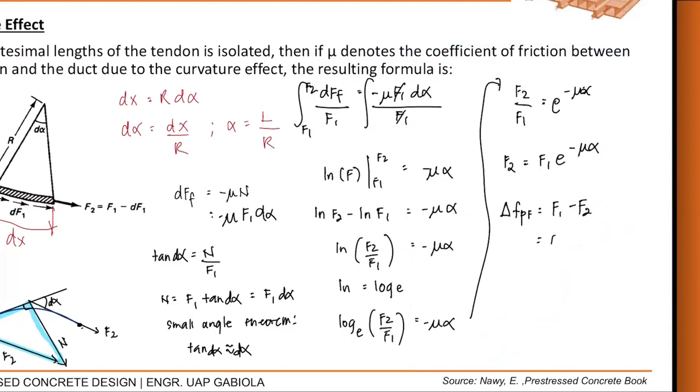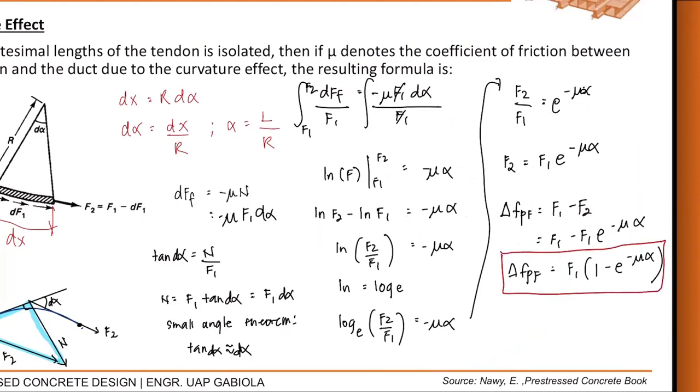So, this will be equals to F1 minus F1 e raised to negative mu alpha. So, ang friction loss natin is equals to, factor out natin yung F1, F1 times 1 minus e raised to negative mu alpha. Okay? So, this will be our formula kapag curvature yung hinahanap natin, ito yung loss due to curvature effects. Na yung alpha natin is considered na ito yung formula natin for alpha.